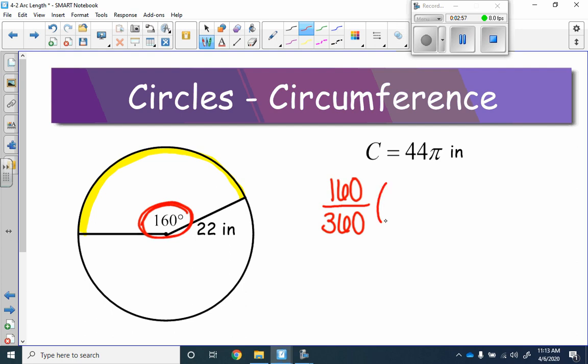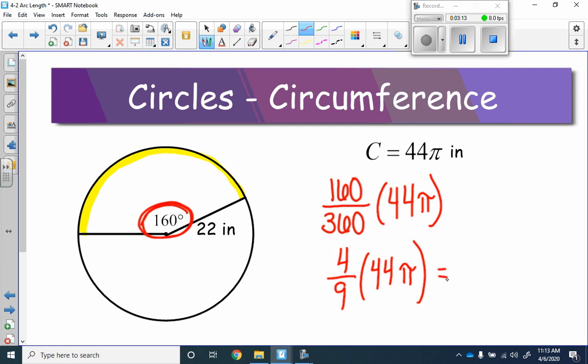We're going to take a fraction of your total circumference. Now, if I take 160 over 360, that is 4/9. So you're taking 4/9 of your total circumference. So now if I take 4/9 of 44 pi, which I'm just going to type in as 44 on my calculator so I can get a simplified fraction, I get 176 over 9.